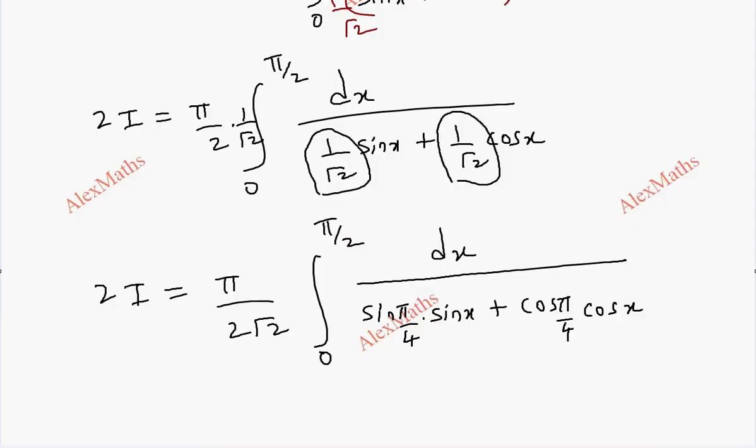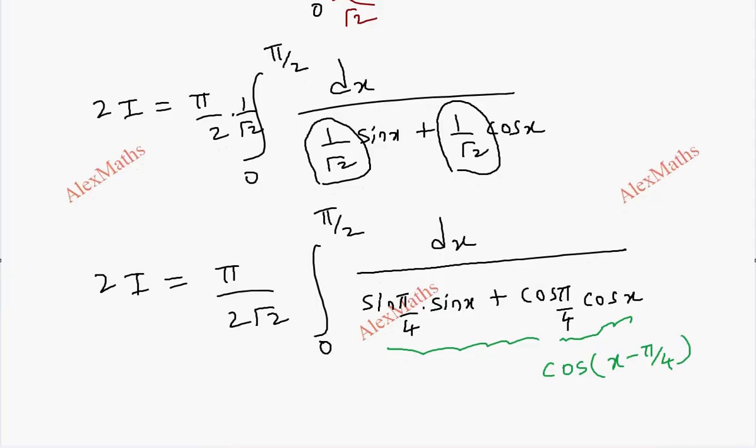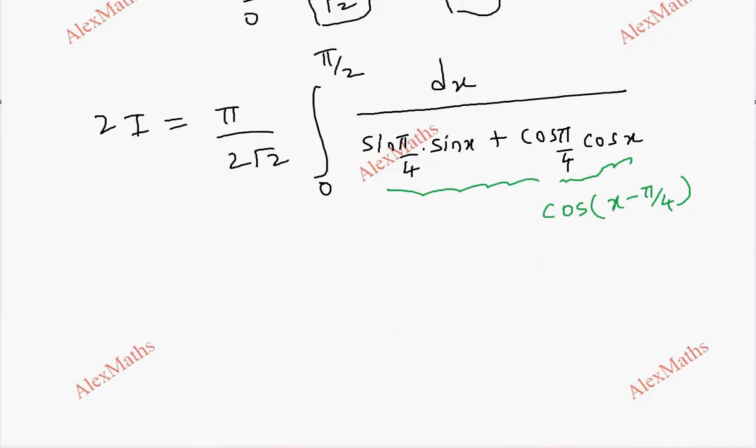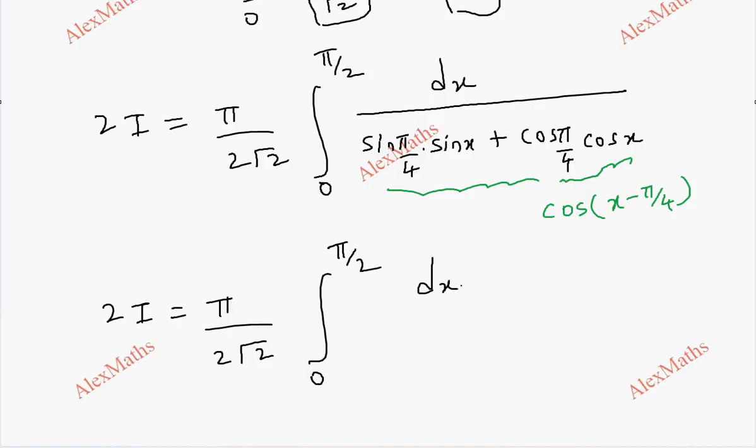This is actually cos A cos B plus sin A sin B. So the entire term can be written as cos of A minus B. So finally this can be rewritten as 2I equal to pi by 2 root 2 integral 0 to pi by 2 dx by cos of x minus pi by 4.